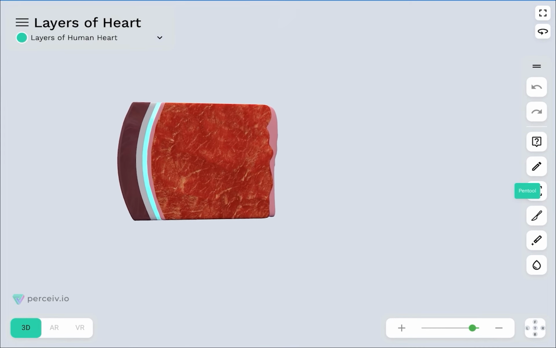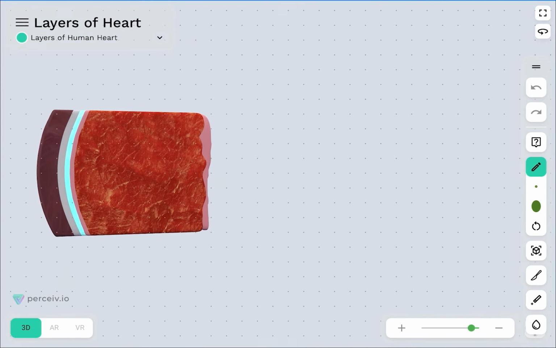All right, so the heart is usually covered by a double-walled membranous bag-like structure.